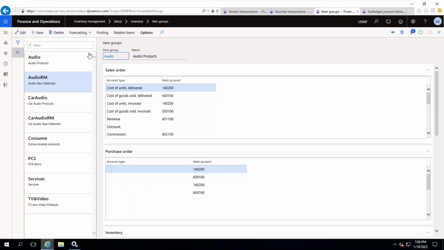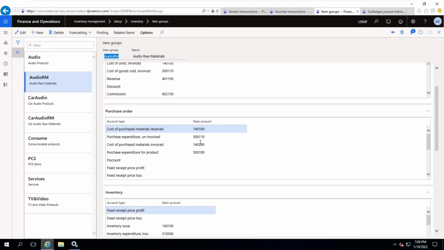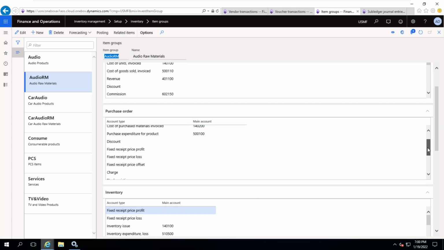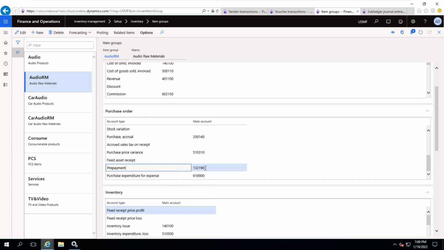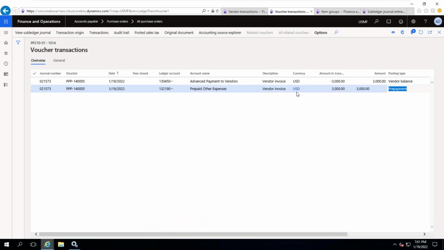The first one will show some errors, but the second one will show properly. Okay, here in the purchase order fast tab, you will find prepayment 132190. That's what was posted.